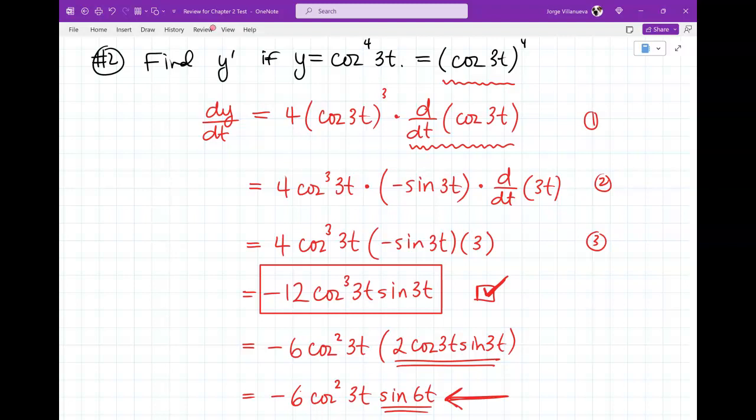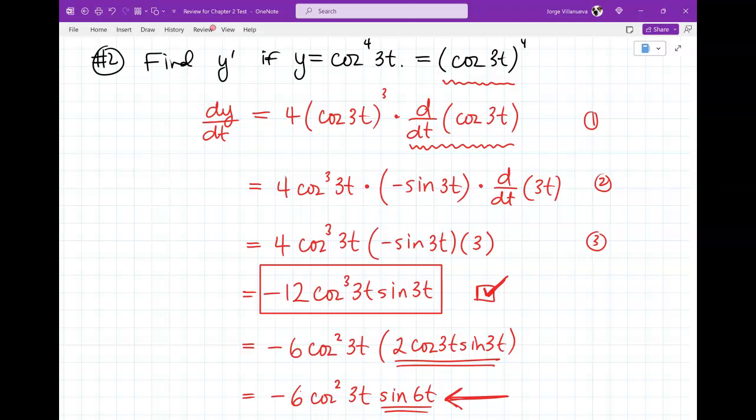But cosine is a trig function. Its angle, normally it's supposed to be like cosine of x, cosine of t. But the angle is now a linear function, 3t, like 3x, right? y equals 3x is a line, right? So that's the same thing. So I see a 4th power function. Inside of it is a trig function. And inside of the angle for the trig function is a linear function.